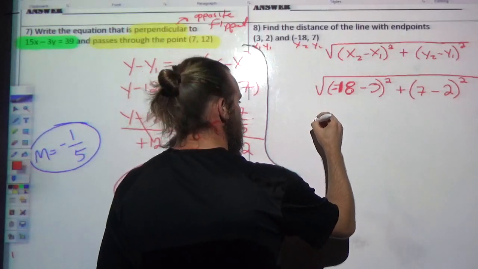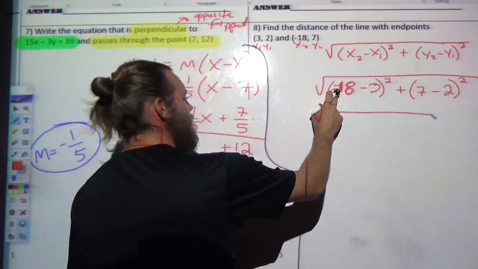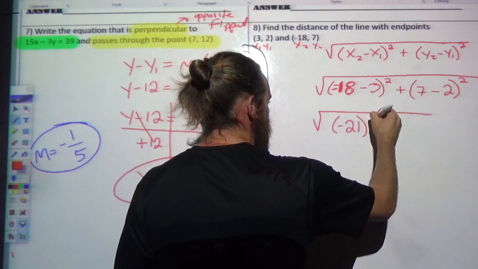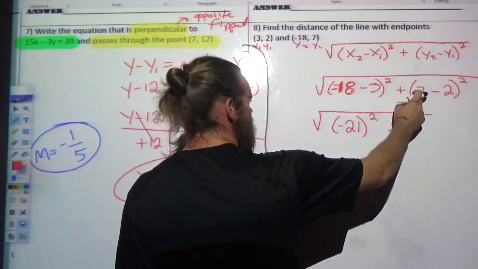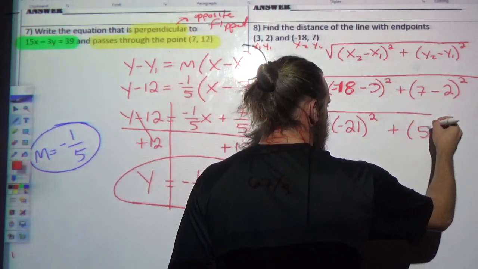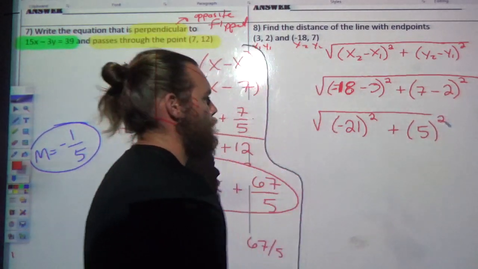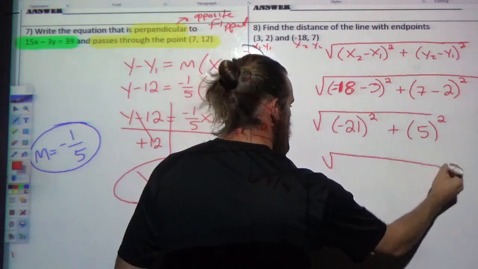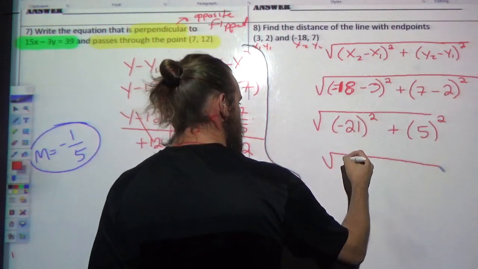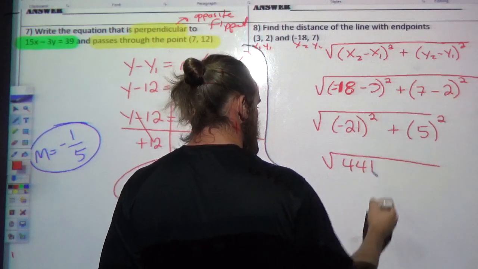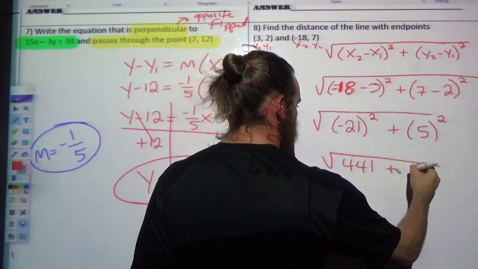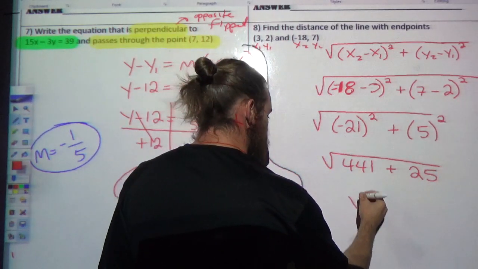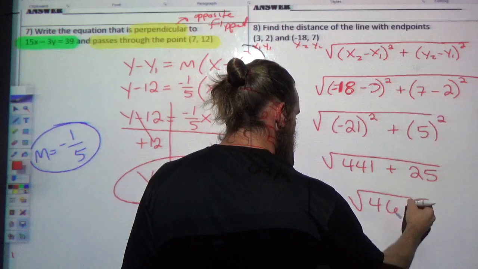Okay, so again we have the square root. Negative 18 minus 3 gives you negative 21 squared, plus 7 minus 2 gives you 5 squared. Just keep doing your work. Negative 21 squared gives you 441 plus 25, which gives you the square root of 466.